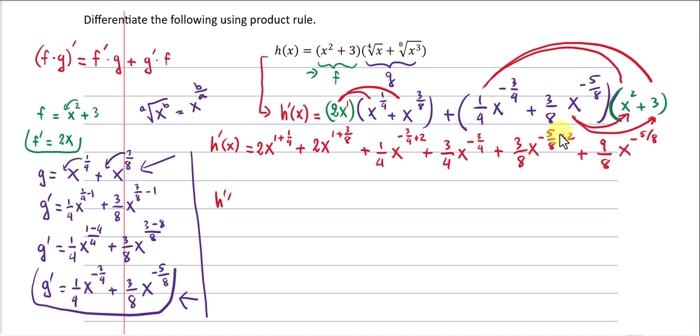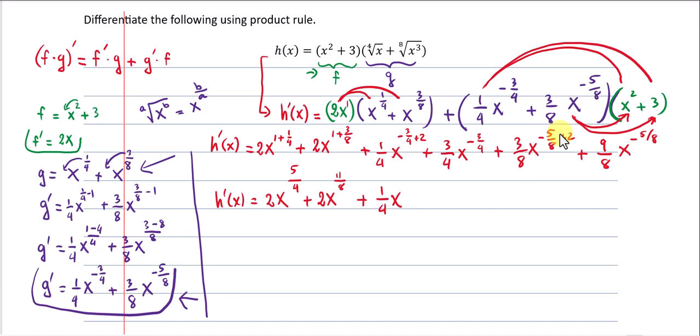Now I will have to simplify all the exponents. 1 plus 1 over 4 will give me 5 over 4. And then the second term, I have 1 plus 3 over 8. That will be 11 over 8. And then the third term, minus 3 over 4 plus 2, right?